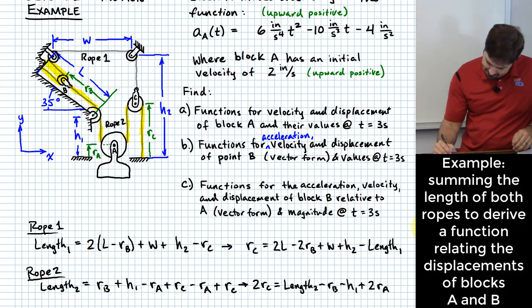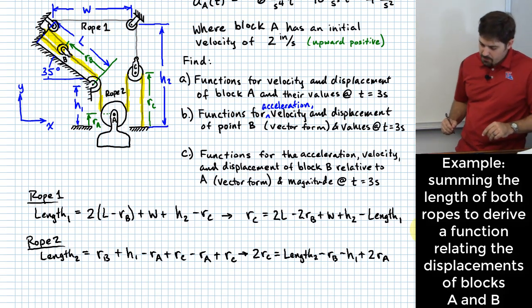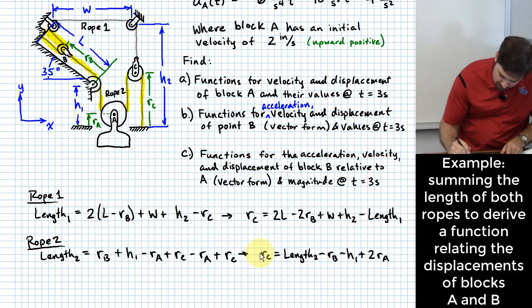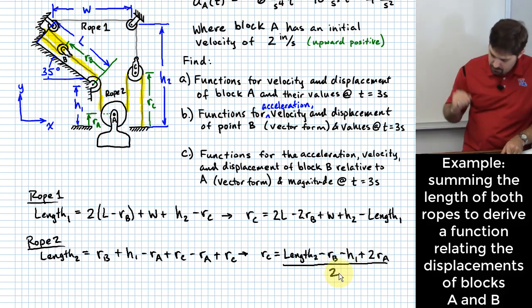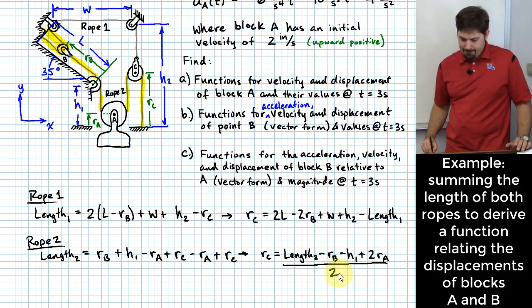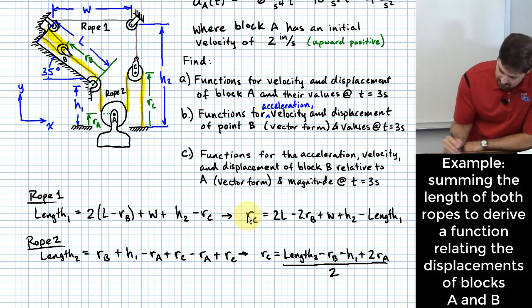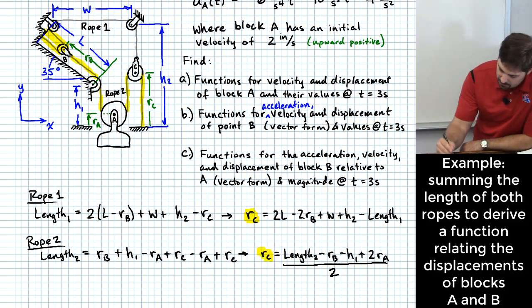All right. So now that I've got all this, what can I do? How about this? Why don't I divide both sides of this by 2? So now what? I know R sub C in this equation and R sub C in this equation. I've got them both solved. I can equate the 2.